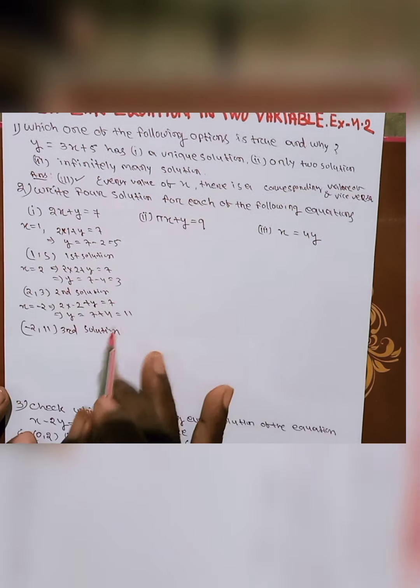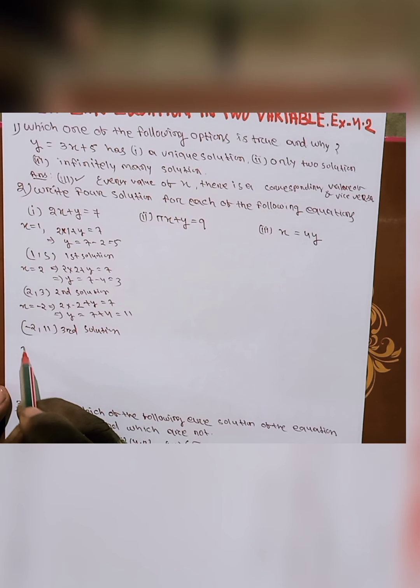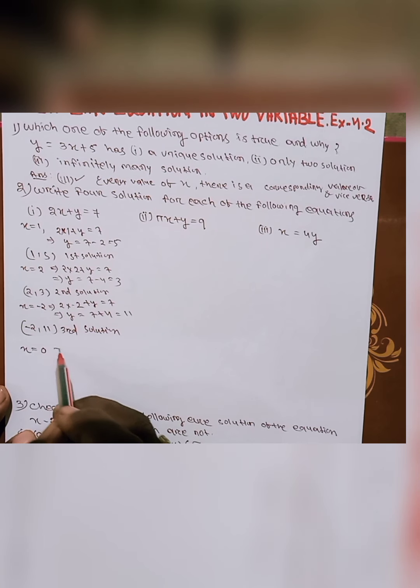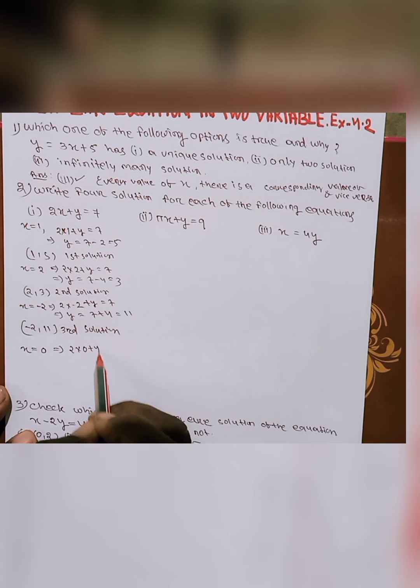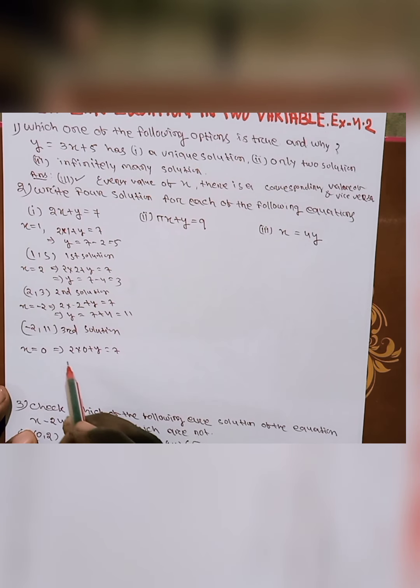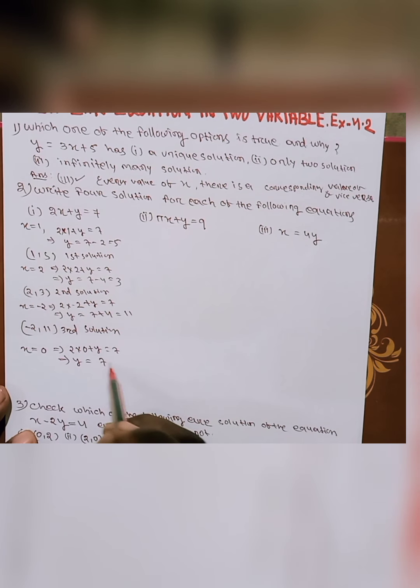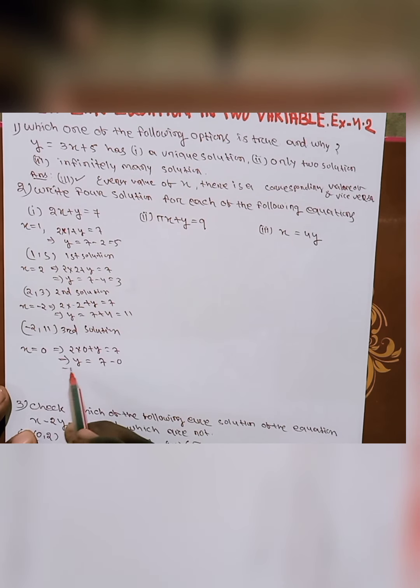Like this, take another value. Let x is equal to 0, and put the value of x in the given equation. 2 into 0 plus y equal to 7, implies that y is equal to 7 minus 0 equal to 7.